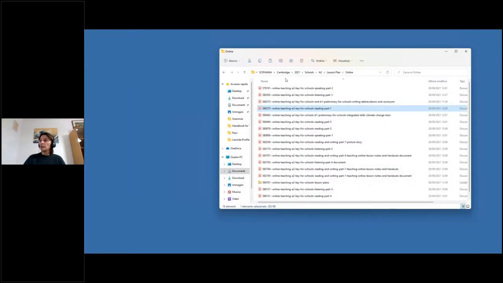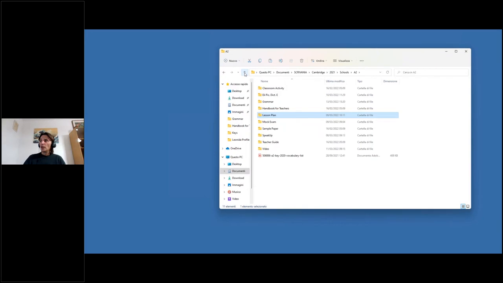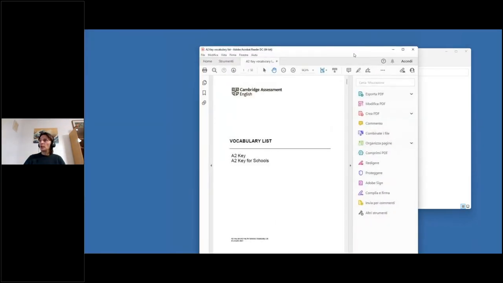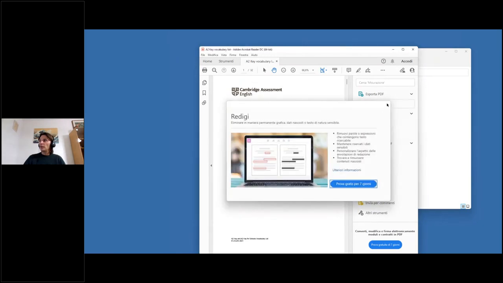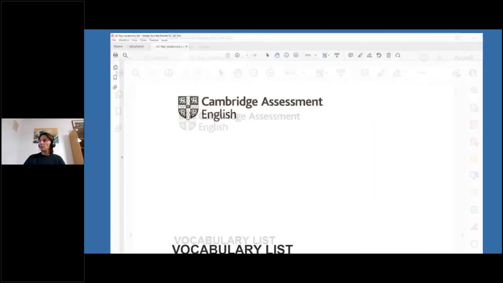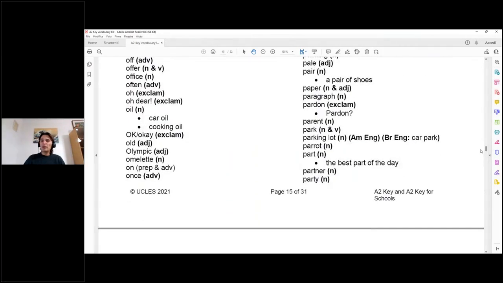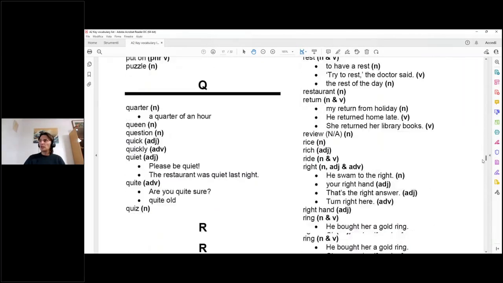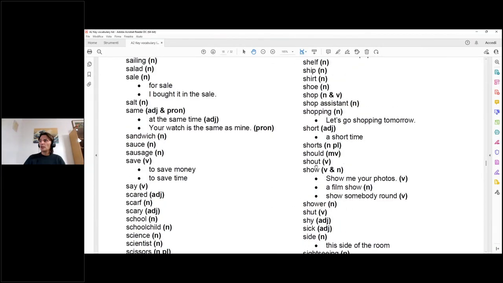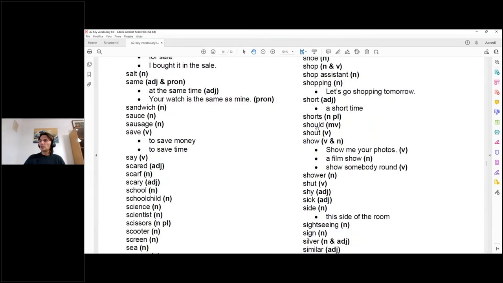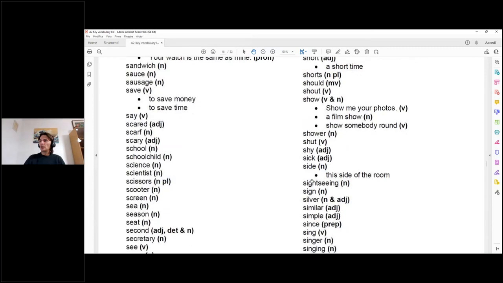Don't forget that you can use the vocabulary list, which is this one. I don't think that we actually finished this. I think that we got to the letter S, I believe. I don't remember exactly. Shout, should, shy, sick. Remember all these words.